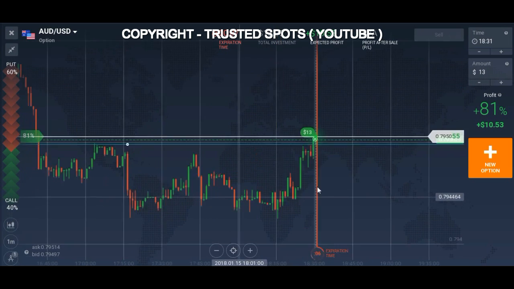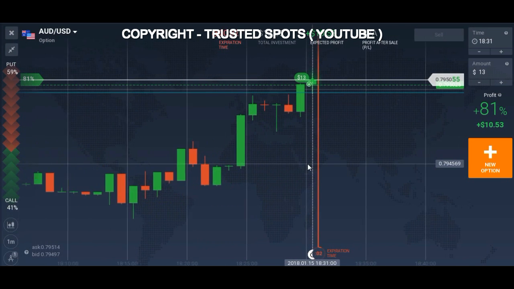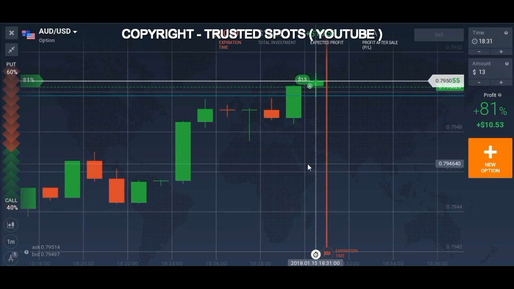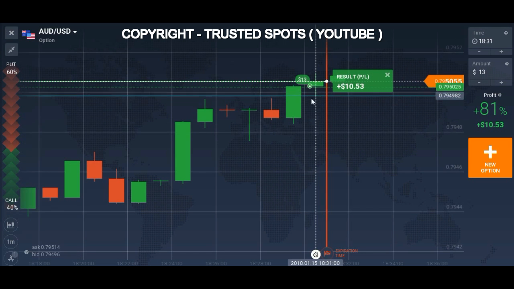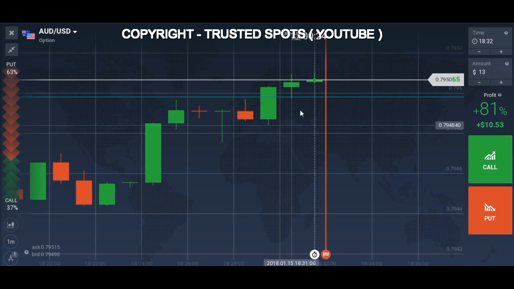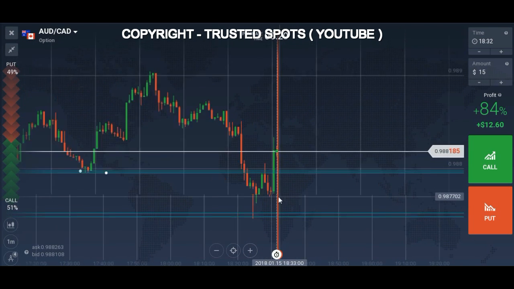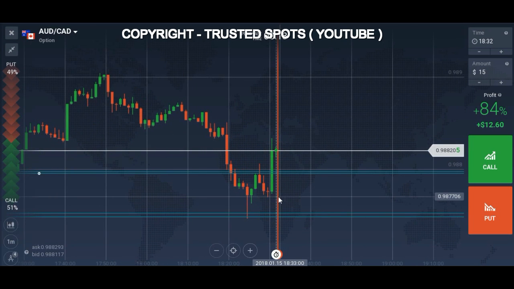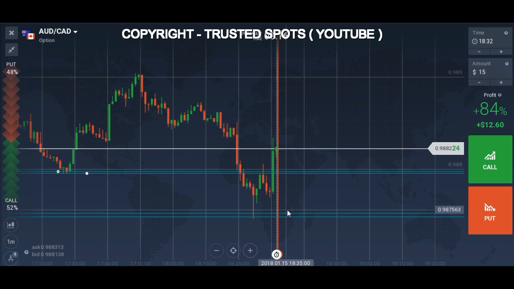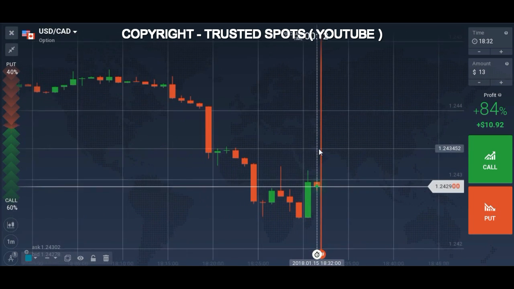So I place the call for the next candle, or you can say that it's a breakout. That's why I place the call for the next candle, and we have the rejection as well. So overall we have a good opportunity. Okay, so it's going up. We will wait for the market to hit this level. Now let's move to a different chart.